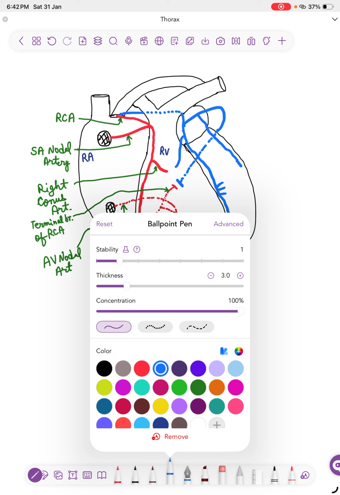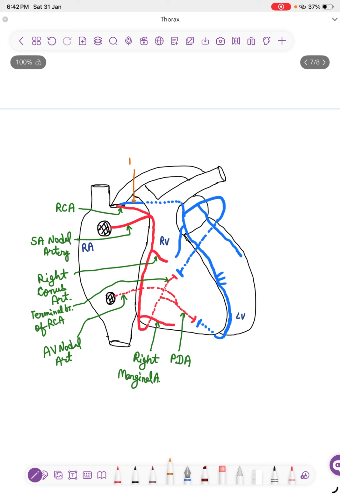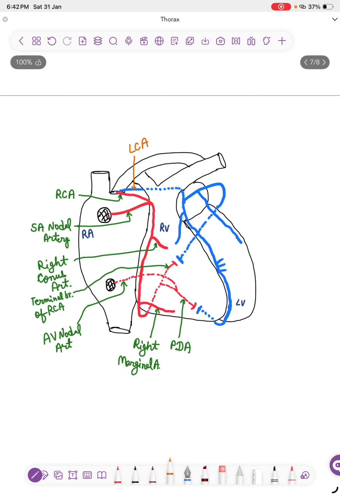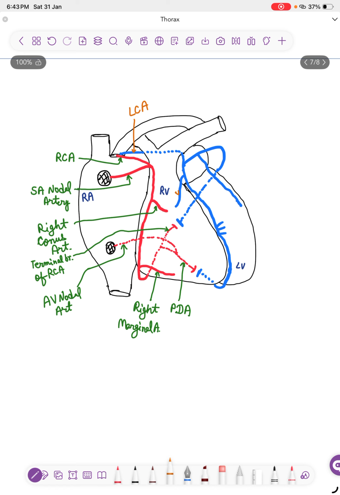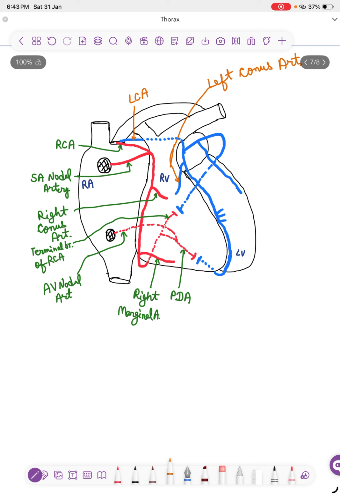So first let's mark it, then I will revise it again. This is the left coronary artery. The left coronary artery first gives a conus branch. Diagram is a little bit messy, but you can understand it one by one. Left coronary artery, left conus artery. This is the left circumflex artery, and from the left circumflex artery there is a branch known as left marginal artery.